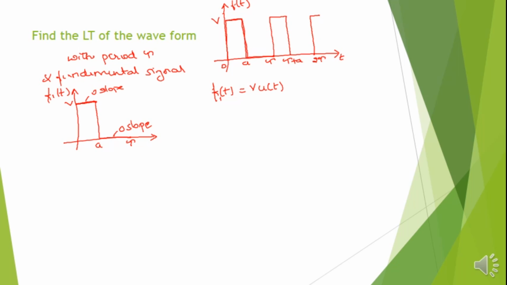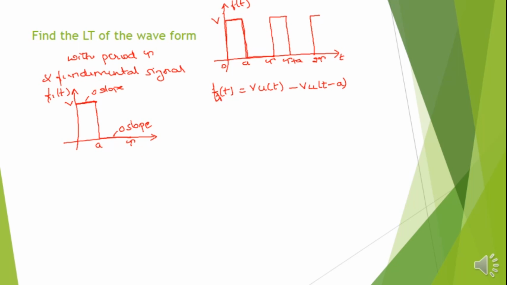Magnitude changes from V to 0, so the change in magnitude is minus V. At what point? t equal to A. So V into u of t minus A. Now whether the slope and magnitude of the line is 0? Yes. Slope is 0, magnitude is 0. So this is F1 of t.